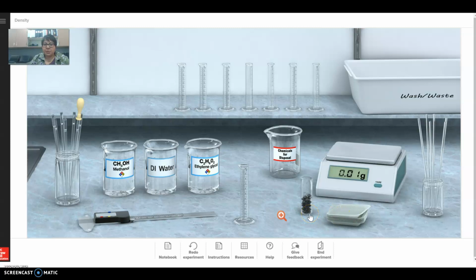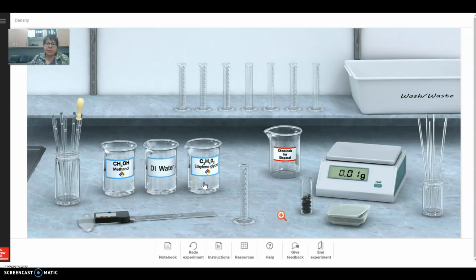These are your small samples, little black polypropylene plastic cubes. Back here are some graduated cylinders, and here are your three solutions: methanol, which is methyl alcohol, deionized water, and some ethylene glycol.